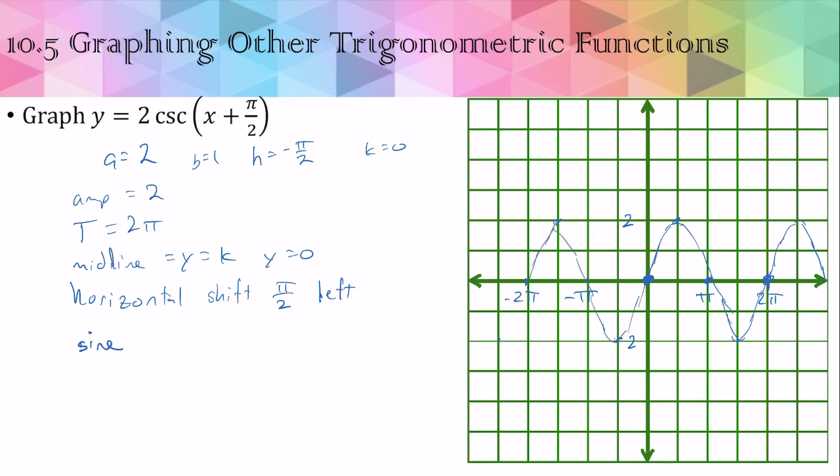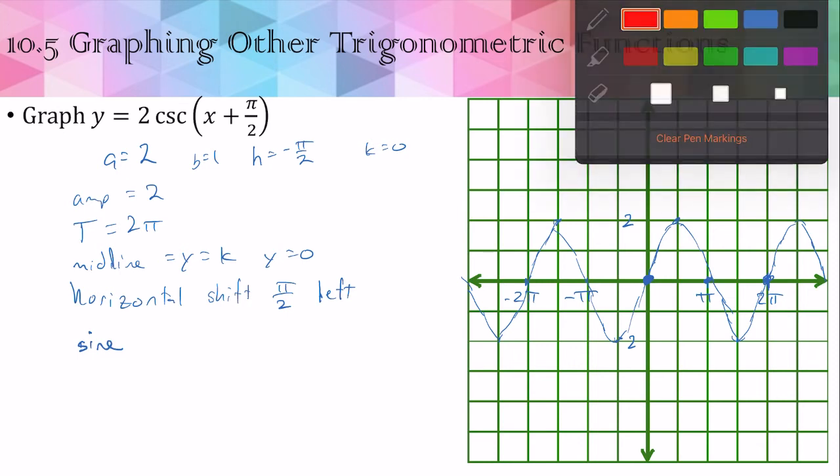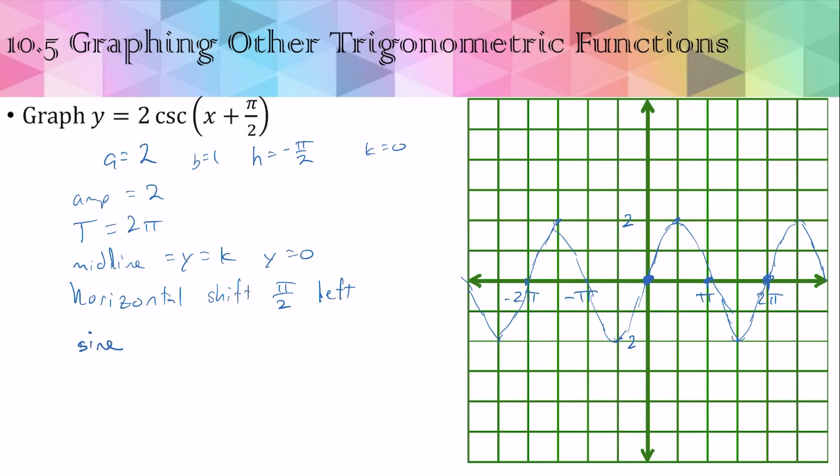All right, but what did we not do? We did not do the phase shift, so the horizontal shift. So let's shift everything left pi over 2. If I move every point left pi over 2, that'll be one little block in my graph. Just taking each point going left pi over 2.